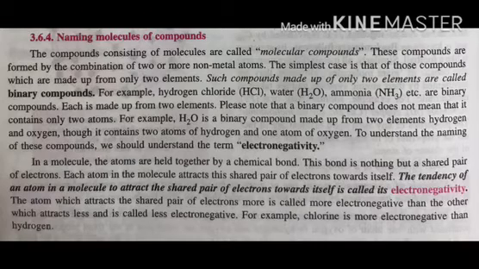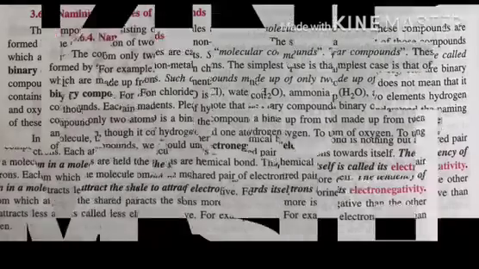The tendency of an atom in a molecule to attract the shared pair of electrons towards itself is called electronegativity. The atom which attracts the shared pair more is called more electronegative, and the other which attracts less is called less electronegative. For example, chlorine is more electronegative than hydrogen.